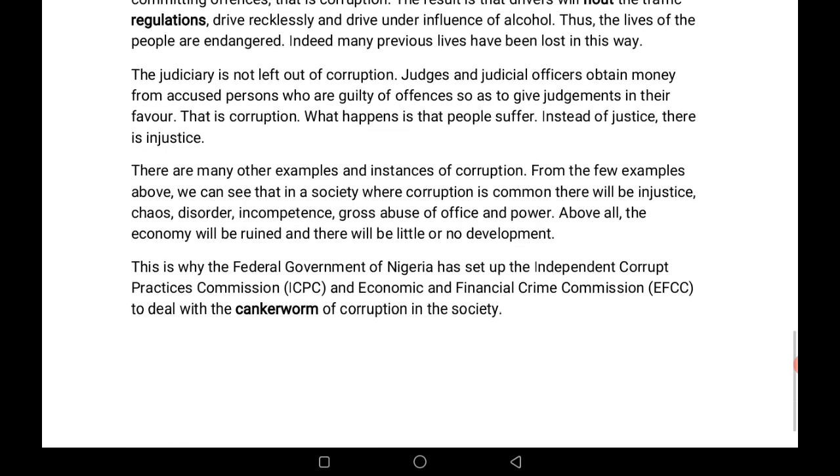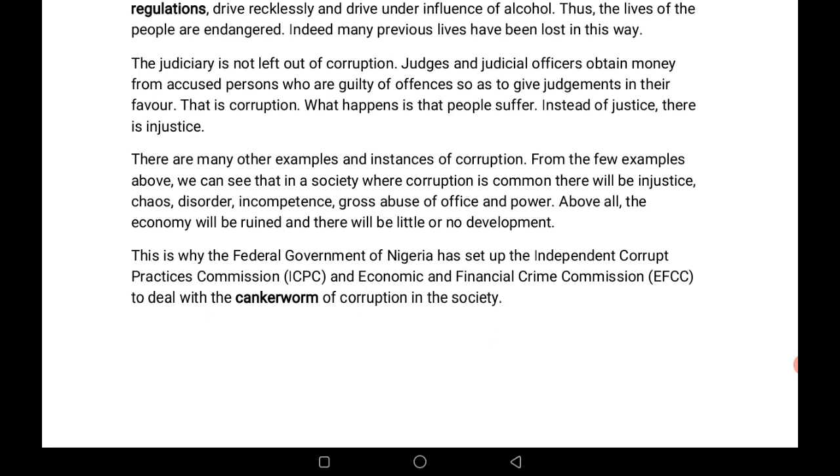The writer also looked at corruption in the judiciary, that is, corruption among judges or other judicial officers, whereby the accused, who is supposed to be guilty, after giving money to maybe a judge or some judges, they deliver judgment in his or her favor, and this brings about injustice.